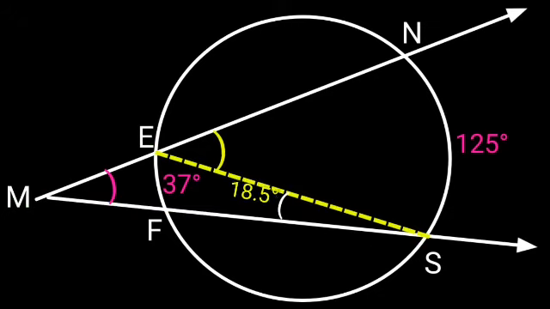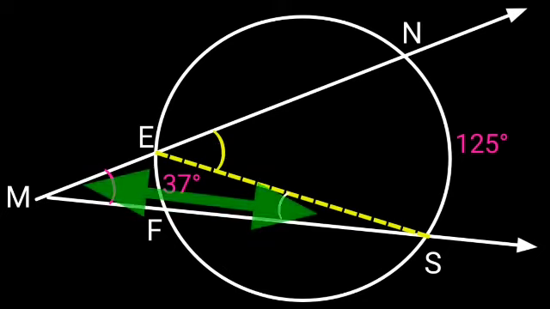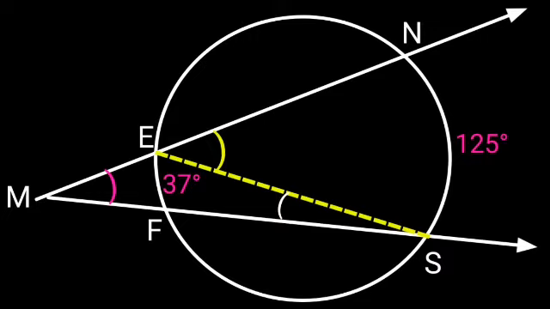Now consider angle EMS; angle NES is an exterior angle. By the exterior angle theorem, angle NES is equal to angle EMS plus angle ESF. Thus we find the angle EMS, which is nothing but the angle NMS.